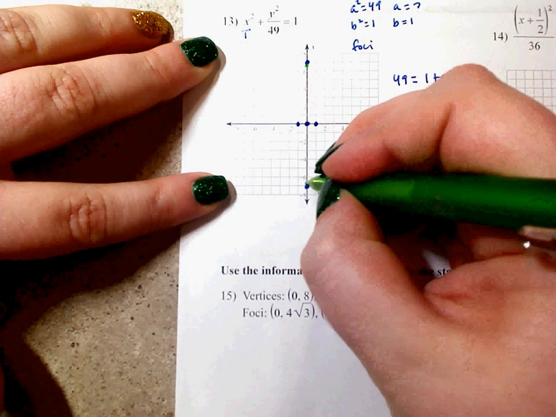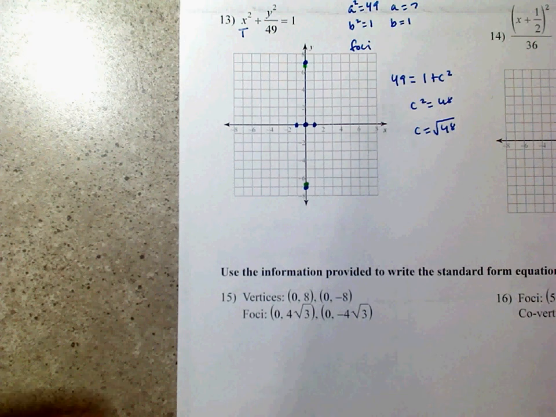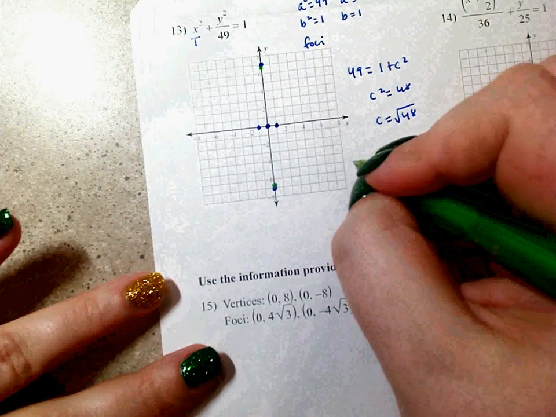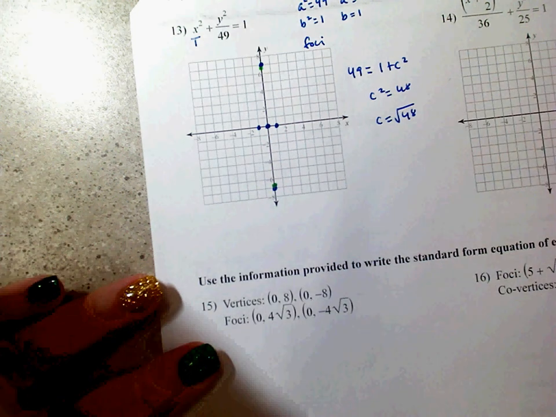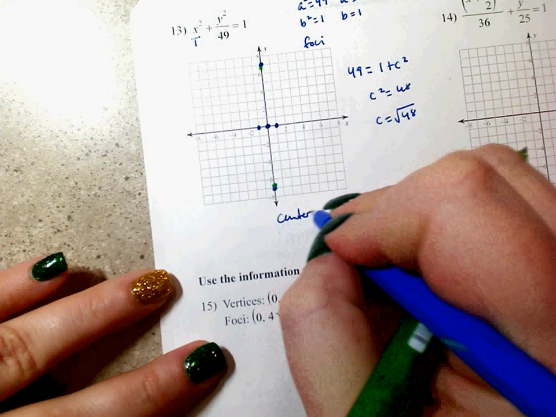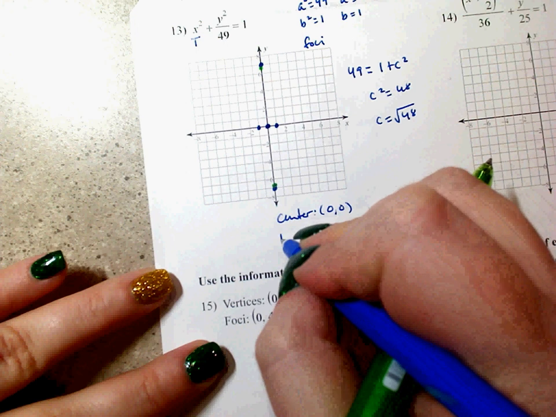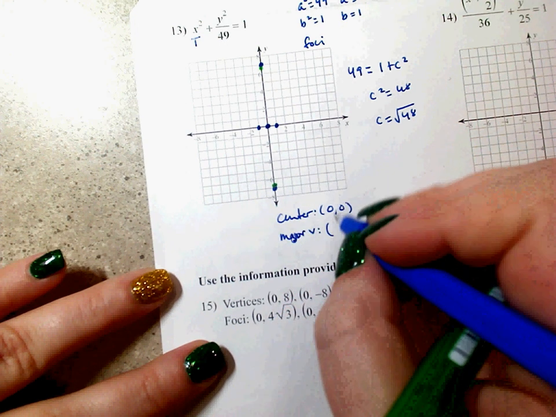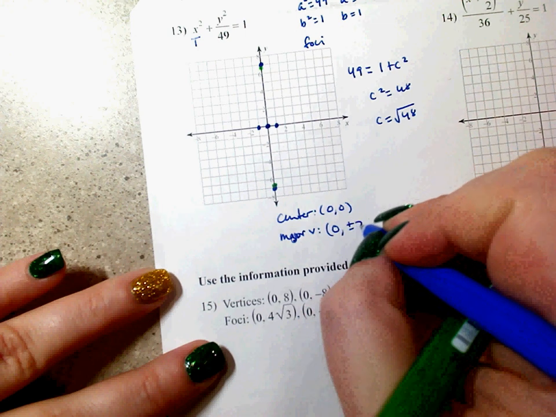So my foci would be the coordinate. Well, I guess we have to label these things, so write them down. Center 0, 0. Major vertices would be 0 plus and minus 7. Minor would be plus and minus 1.